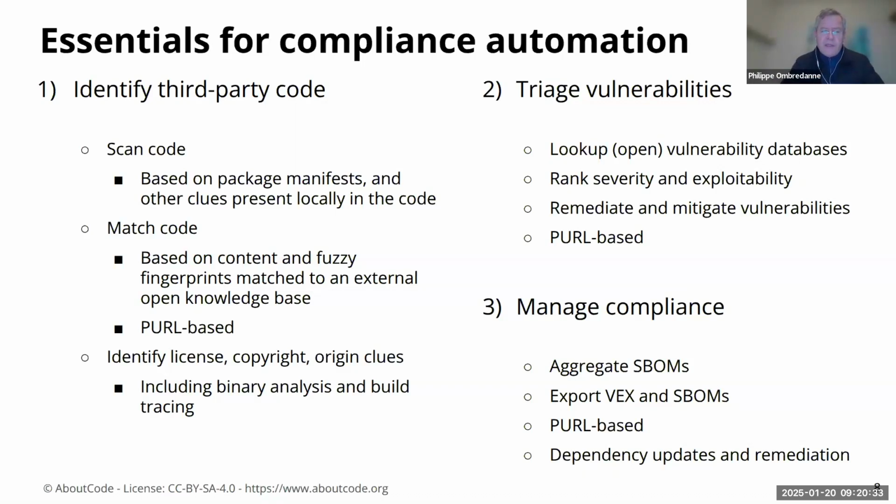And you can match code, meaning you establish a repository and an index of known open source code, and you're trying to fingerprint your code locally and match it against this reference and index. And again, as I said, beyond the package manifest, being able to identify the license, copyright, and other origin clues is really important. So these are the techniques and the essentials for identifying third-party code.